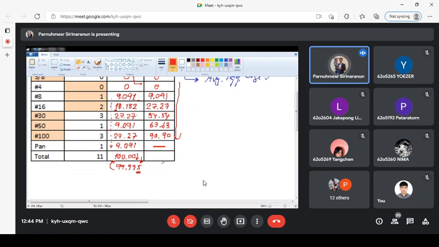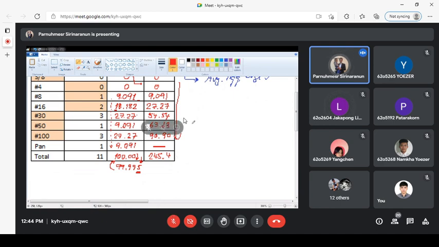The total, what do you get? 245.43. Keep your significant numbers correct: 245.4. That's right, yes or not?